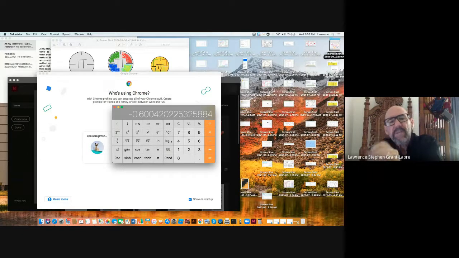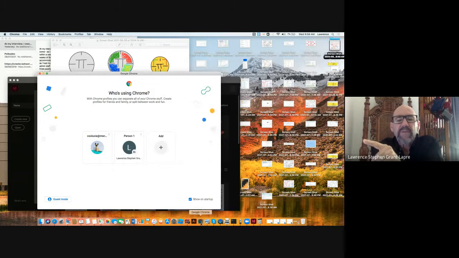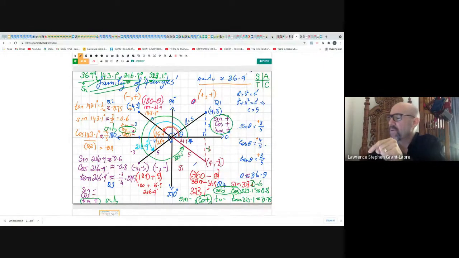You see, sine was positive in the first quadrant because they're all positive in the first quadrant. Sine was positive in the second quadrant. We already know that. But sine is negative in quadrant 3 and quadrant 4, and it's the same value.